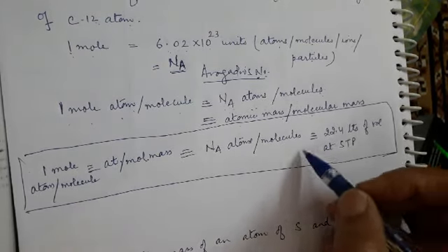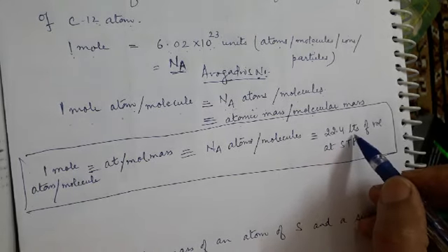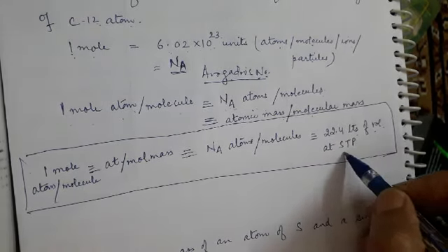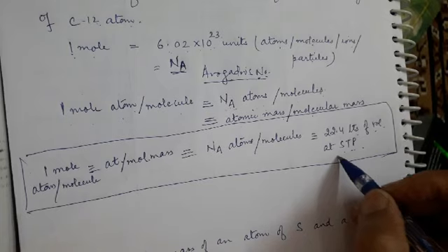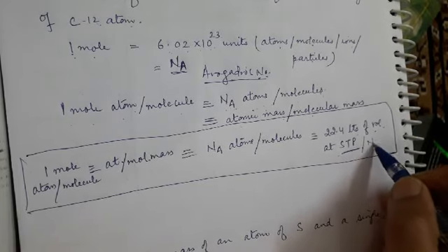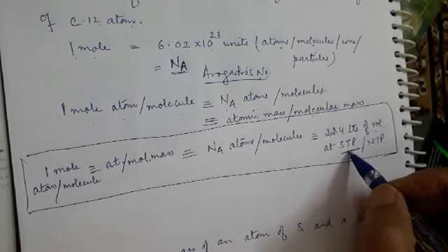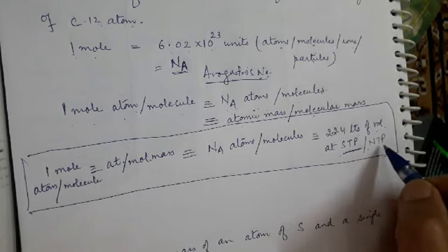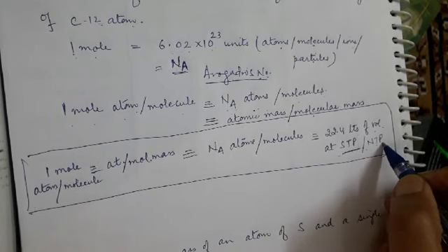And one more thing, it will occupy 22.4 liters of volume at STP. STP is also sometimes written as NTP: standard temperature and pressure conditions, or normal temperature and pressure conditions.